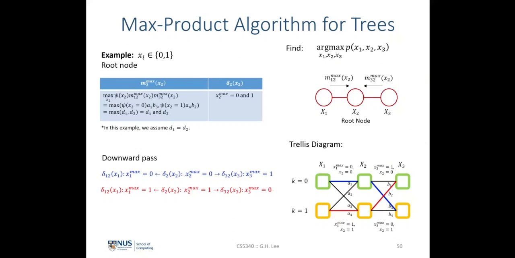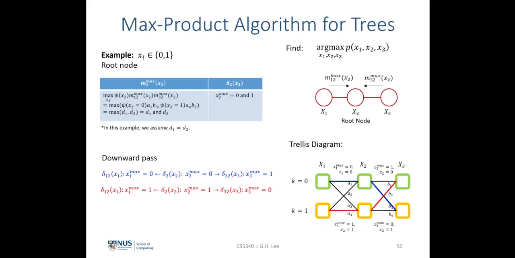So now finally, when I'm at the root node, all I need to do is the maximization over the root node over the product of all the individual messages that are passed from x1 and x3 respectively into x2, as well as the unary potential of x2 over here.